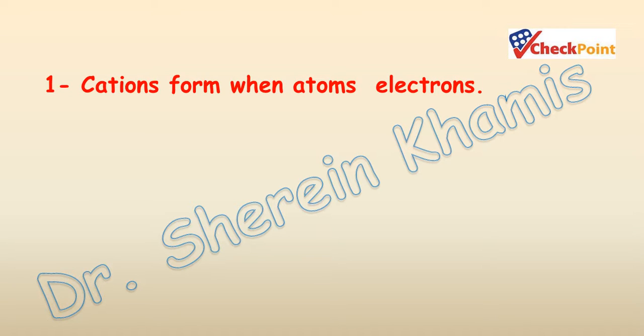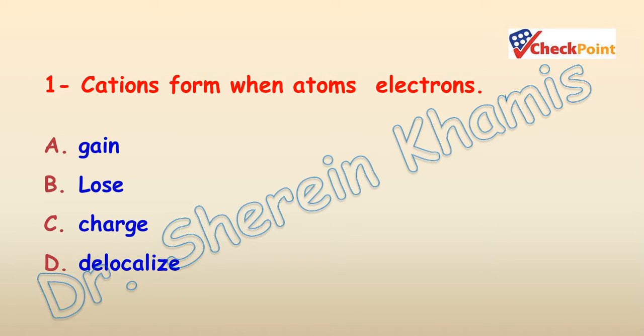The question says that cations form when atoms lose or gain electrons. Cations form an ion when the atom loses or gains electrons.